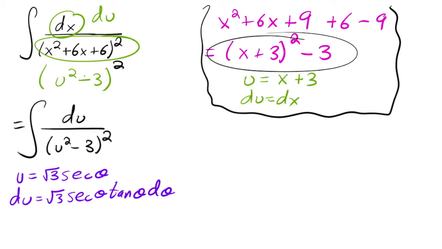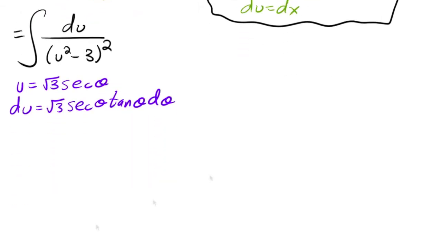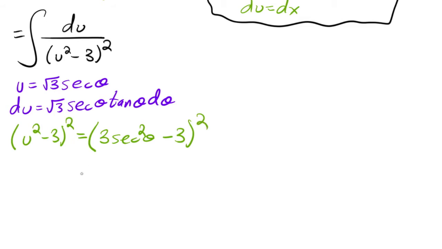All right, and so then we move into swapping the u squared minus 3 squared, and so this is equal to 3 secant squared theta minus 3 squared, which is equal to 9 times secant squared theta minus 1 squared, because you take out the 3 and then you square it.